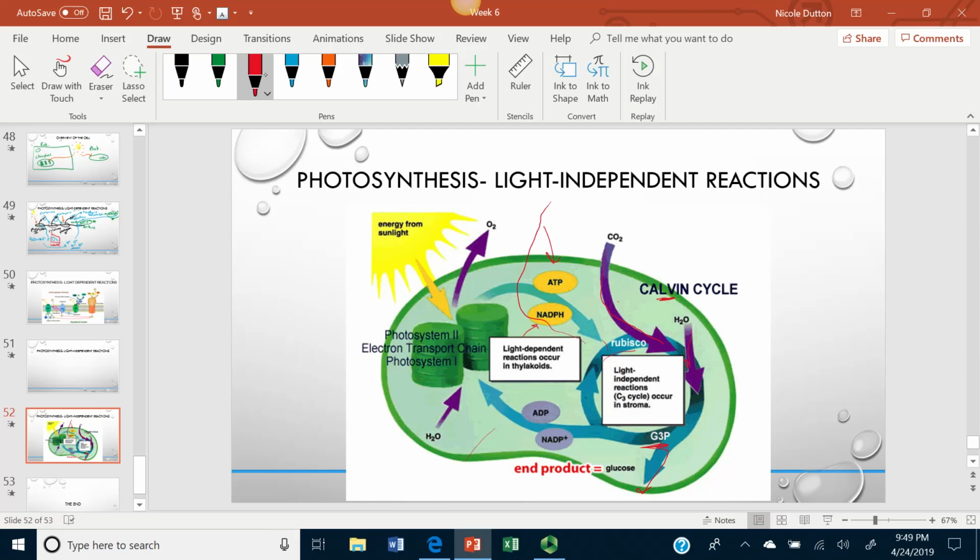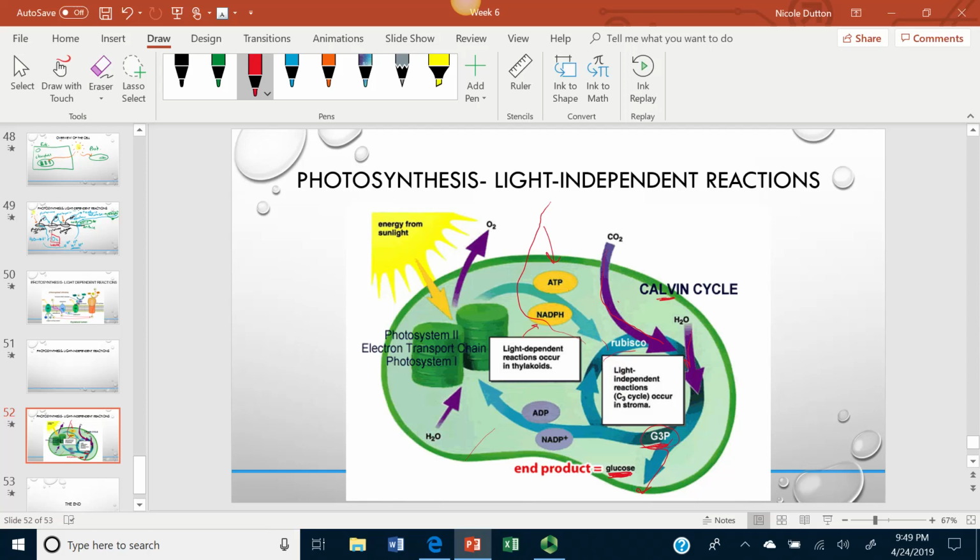And the light-independent reactions are just going to happen in the cytosol if we're talking about a prokaryotic cell, or inside of the matrix of the chloroplast if we're talking about a eukaryotic cell. The end product of photosynthesis is glucose or a sugar. We can also take this G3P and turn it into other things, but glucose is what we're really after for energy production.